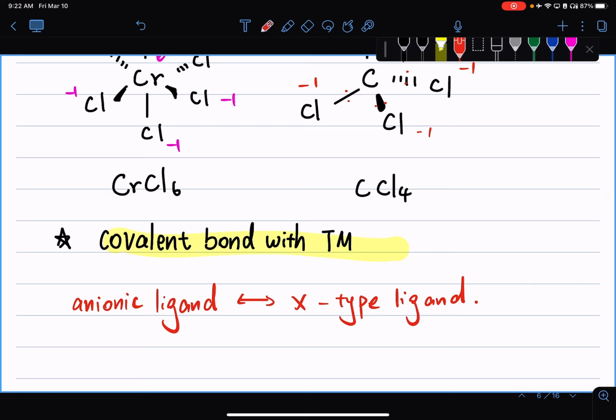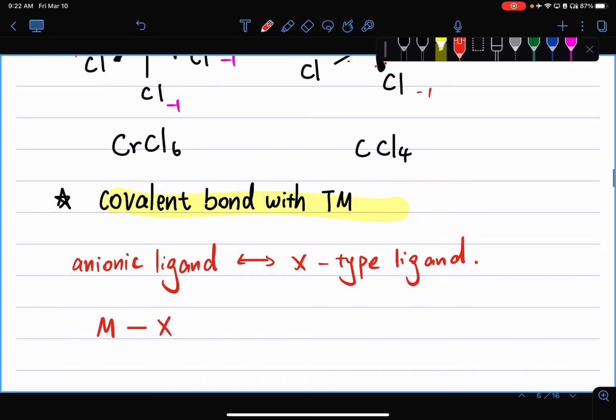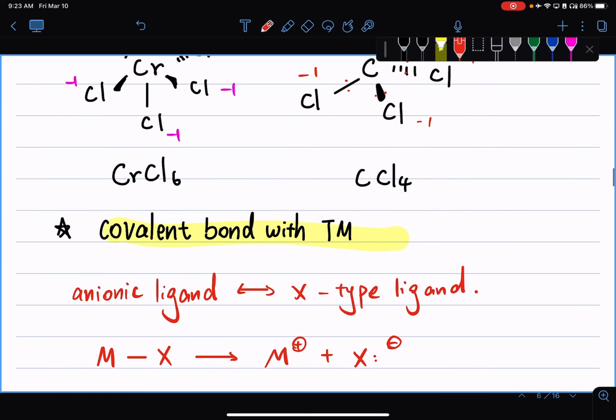The other way to depict the covalent bond in transition metal complexes is, say, if we have a metal bound to an anionic ligand, or X-type ligand, and when we break that chemical bond, we get M plus and X minus. This is a good way of thinking about whether it is an anionic bond.